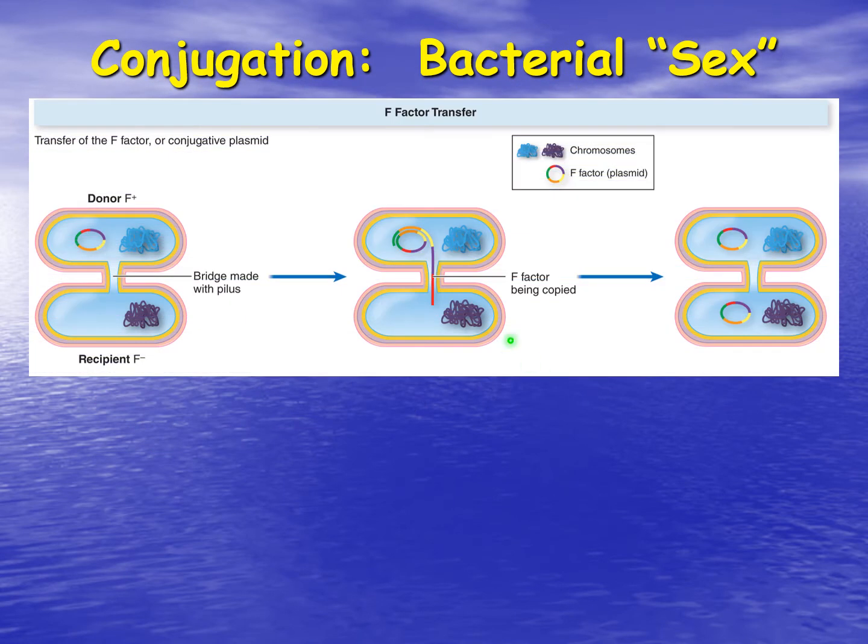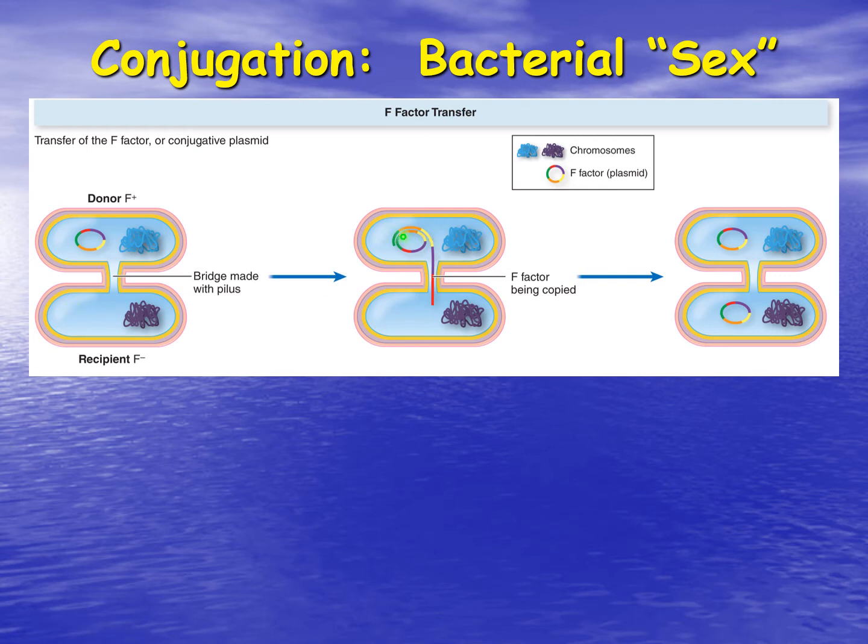So here we have the F factor transfer, or what's known as the fertility gene. The plasmid of this F plus cell contains the fertility gene that allows it to make a pilus. The pilus then will form the mating bridge. This F minus recipient cell does not have the fertility factor because it doesn't have the F plasmid.